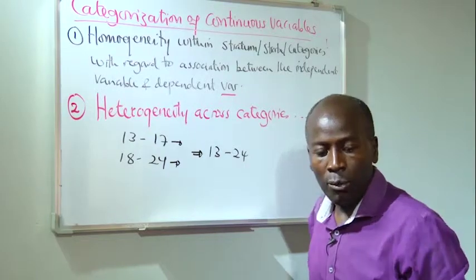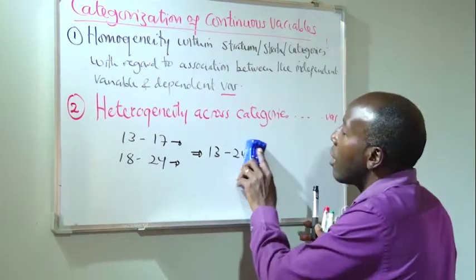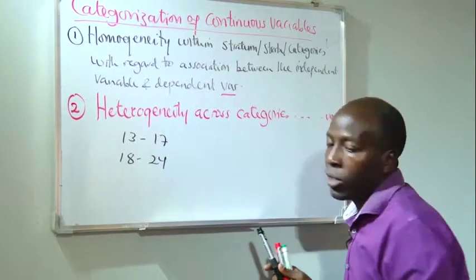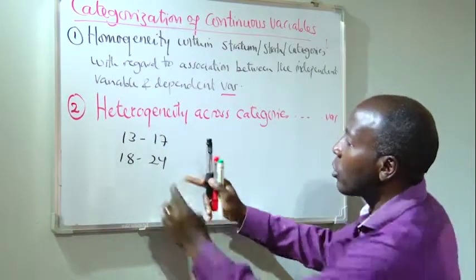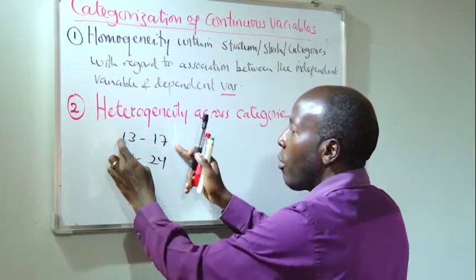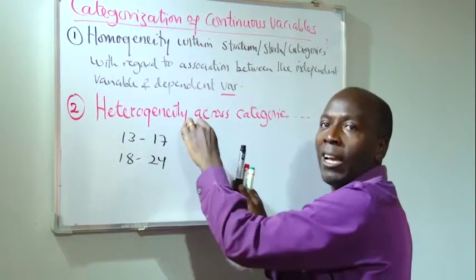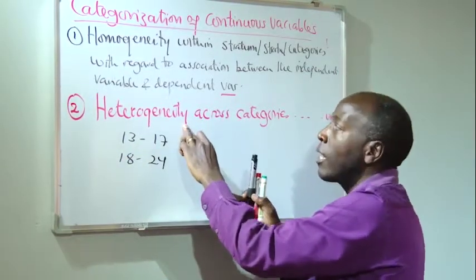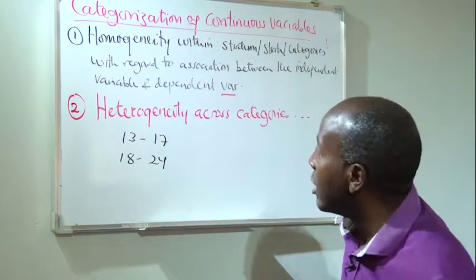So the reason we create other categories is because within themselves these categories are uniform, but across the categories they are different. That is the heterogeneity.